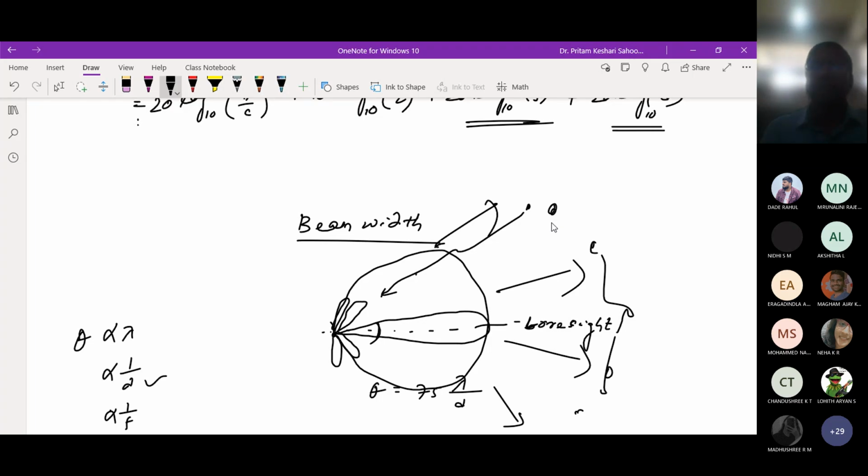So it will be better to choose an antenna which will have a larger beam width. To make the beam width as large as possible, let us decide what will happen.